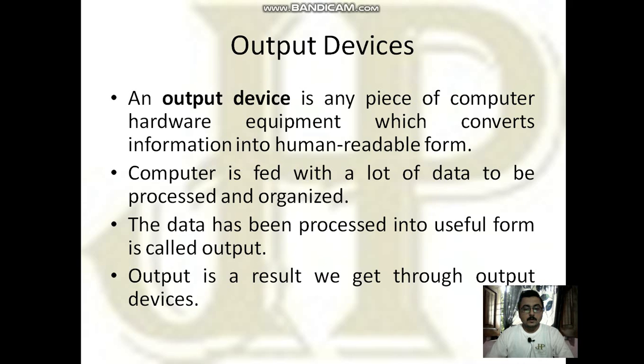So, the device which converts this information into human readable form, those devices are known as output devices. I think it is very clear to you what is input and what is output devices.